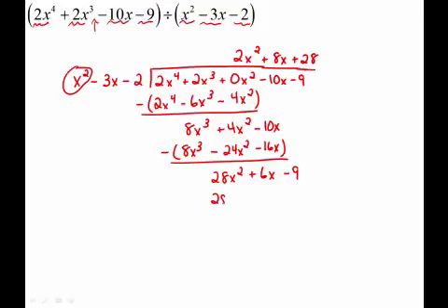And so we've got 28x squared minus 84x minus 56.